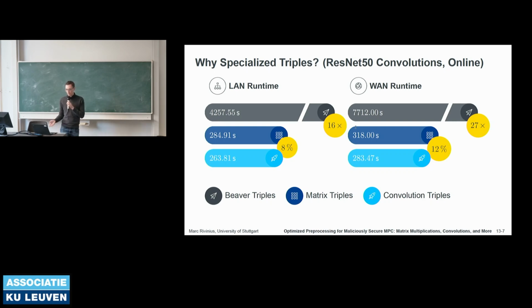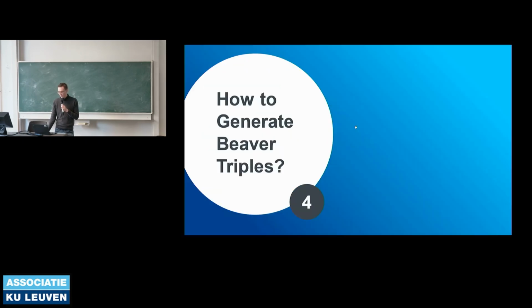So on the left is a faster local area network, and on the right is a slower network. And here you have like 27 times faster than the individual Beaver triples, and around 12% faster is convolutions compared to the matrix version. And that's just the online phase.